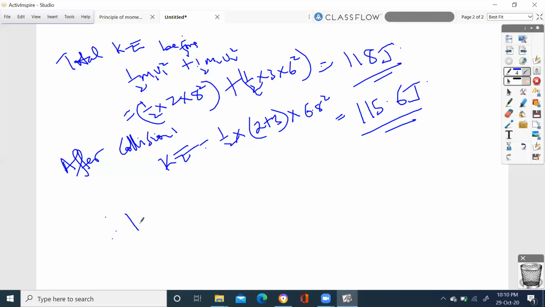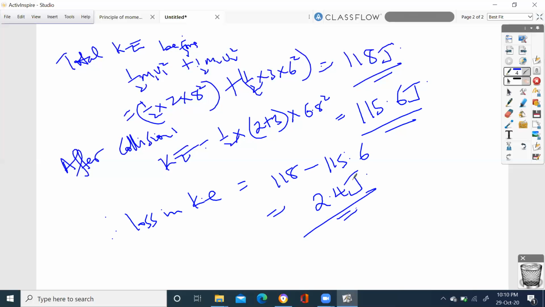Therefore, the loss in kinetic energy will be 118 minus 115.6, which gives us 2.4 joules. So in other words, if the kinetic energies are not the same, then it wasn't conserved.